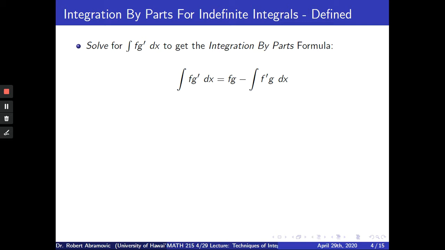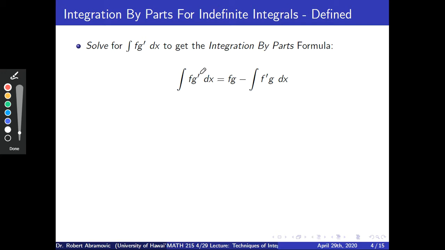When we solve for f times g prime, we get the integration by parts formula. The antiderivative of f times g prime is equal to f times g minus the antiderivative of f prime times g.